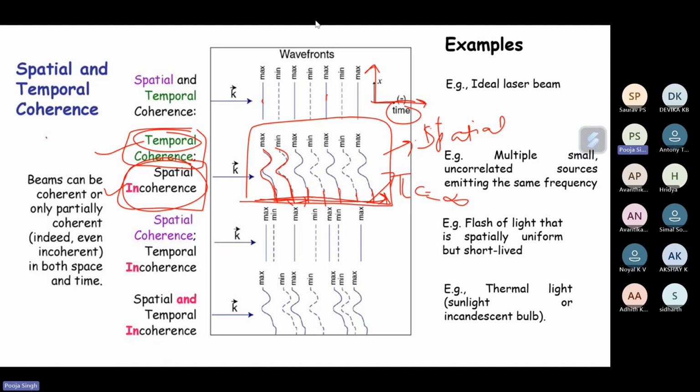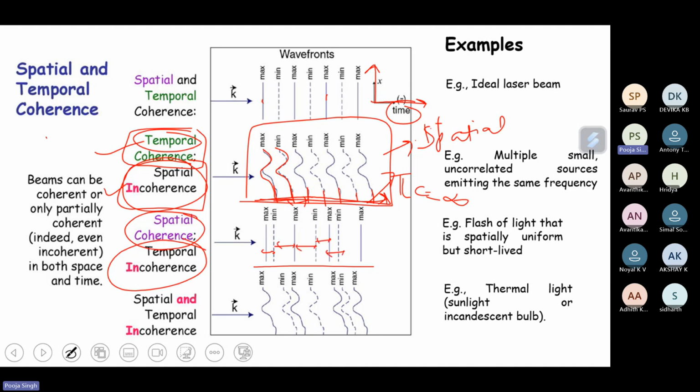Okay. So now next, spatial should be coherent and temporal should be incoherent. So how can we detect? We can see here also that it has a smaller width, then larger, then smaller, and not equal. So that's why we are saying that with time it is changing, right?